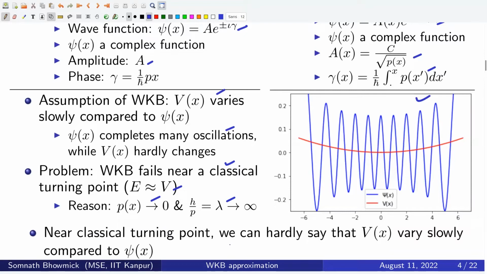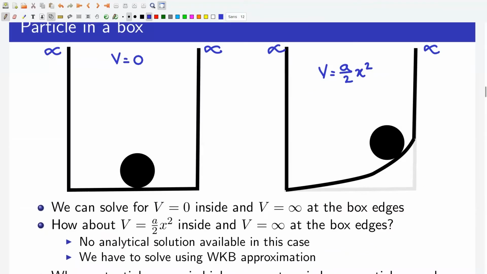We select particle in a box problem for this purpose because we can compare with the analytical result. We know how to solve analytically for V equal to 0 inside and V equal to infinity at the box edges. Let us try to solve for V equal to a by 2 x square inside and V equal to infinity at the box edges.